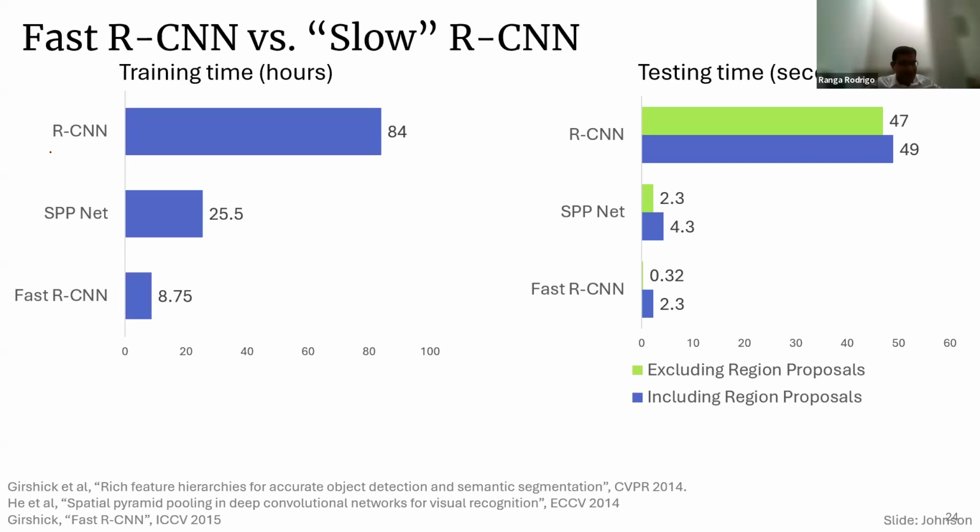When you think about training time, RCNN had 84 hours of training, and fast RCNN only 9 hours. That's good. But when you think about the testing time, RCNN had 47 seconds excluding region proposals. With the region proposals, 49. Not much difference. People did not care, only 2 seconds difference.